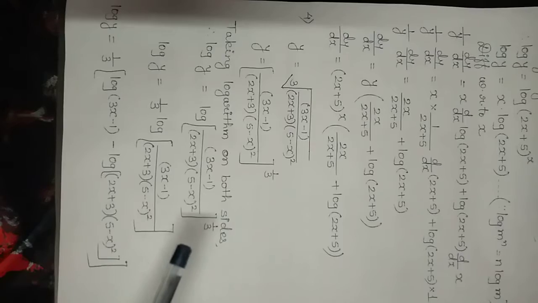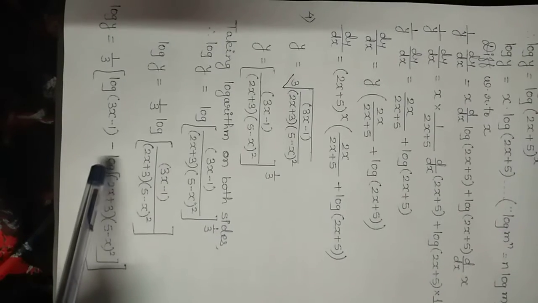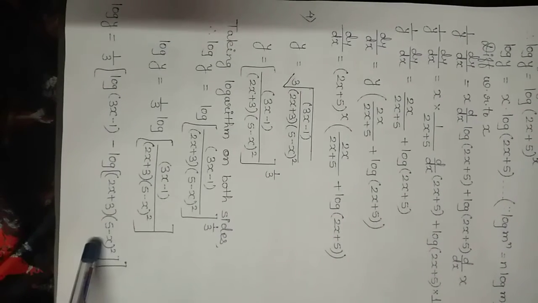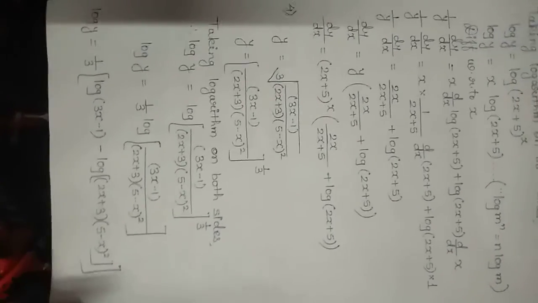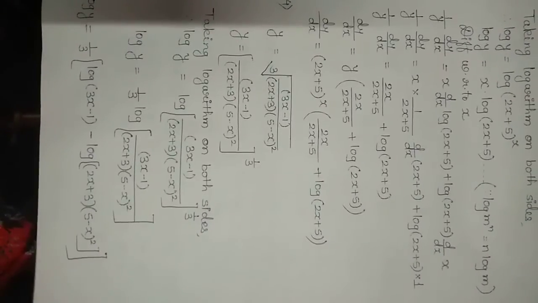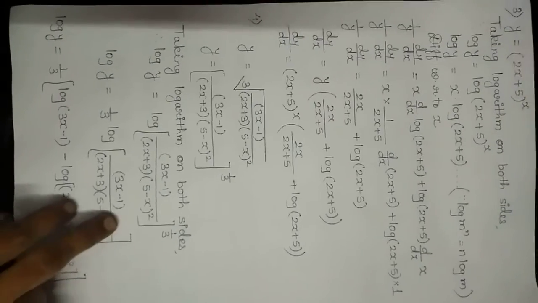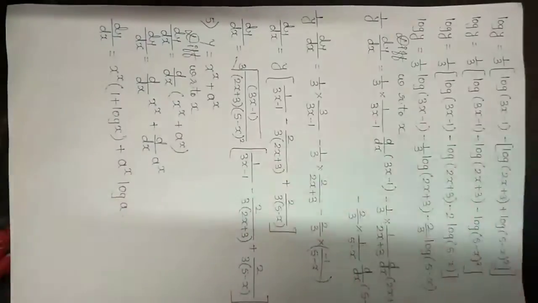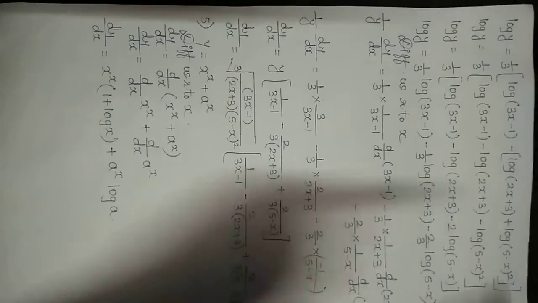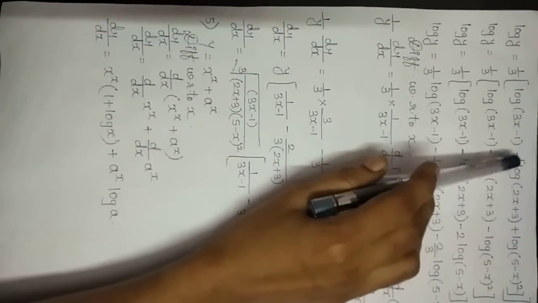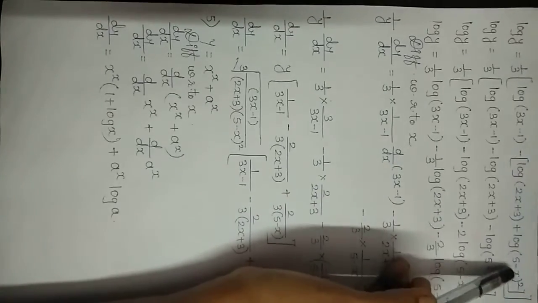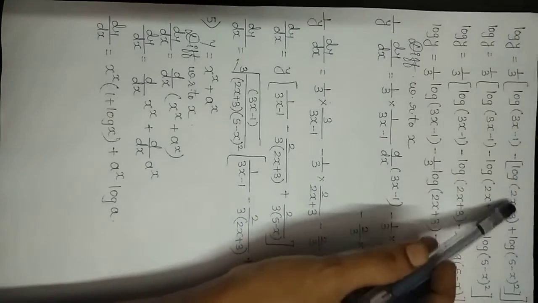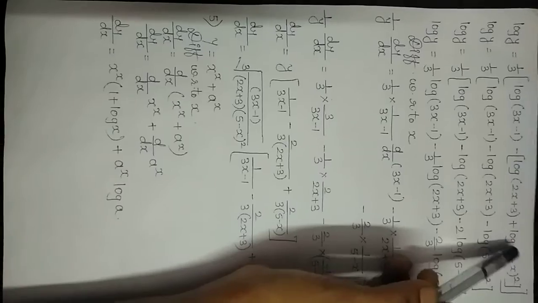And we know the law of product, means log of a into b we can write as log a plus log b. So further simplification, log y is equal to 1 upon 3 [log of 3x minus 1 minus log of 2x plus 3 plus log of (5 minus x) the bracket square]. Here we have applied the law of product.